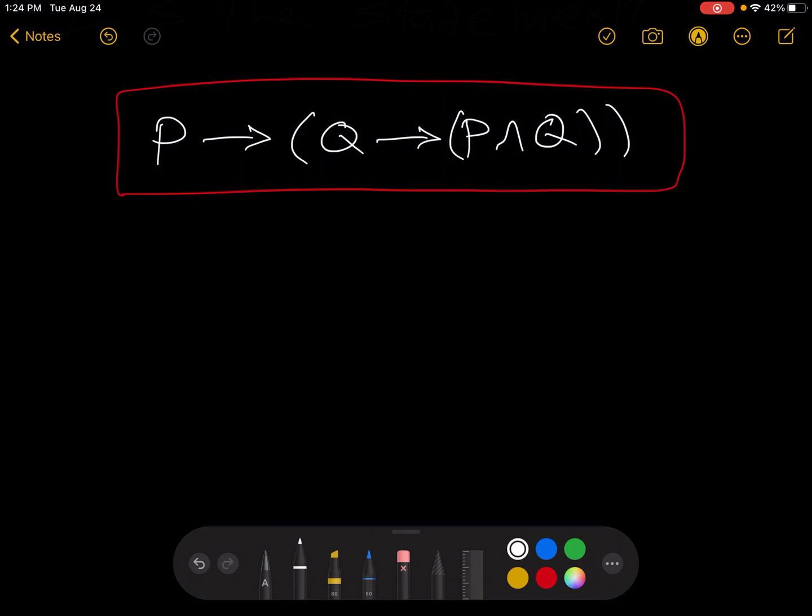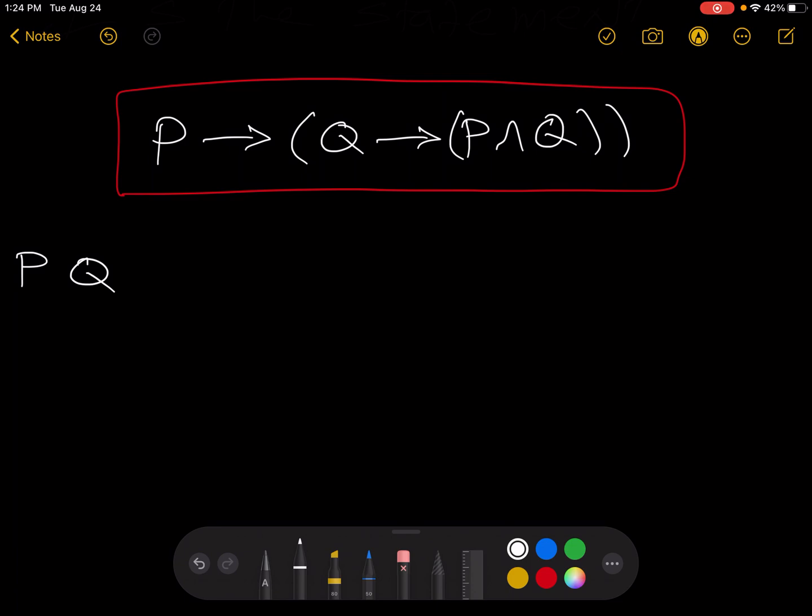Now remember, the final column in our truth table is going to be this statement in red. And we want to start from the smallest pieces, the most basic fundamental pieces of our statement, which is P and Q. So we'll start with P and Q. We'll have a column for each.